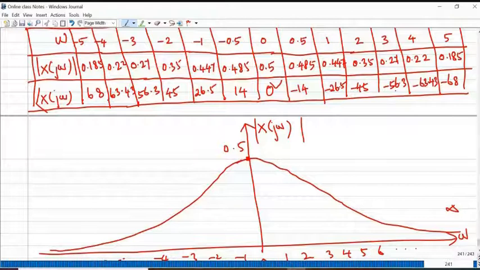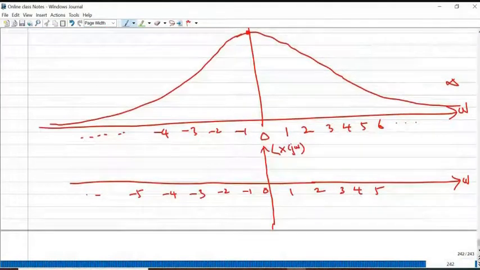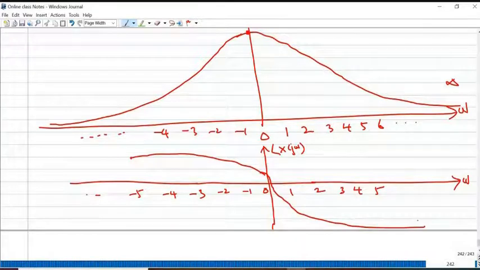For negative omega, at minus 0.5, 14. At minus 1, 26.5. If you mark the points and connect all the values, you will get the graph like this. Magnitude response.